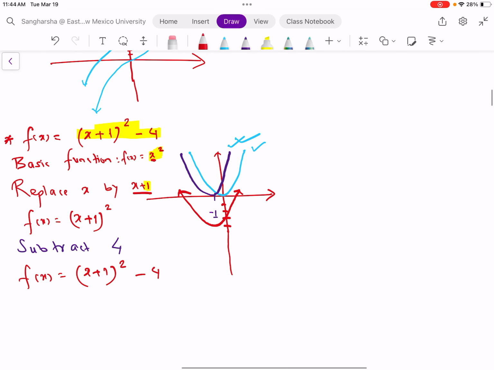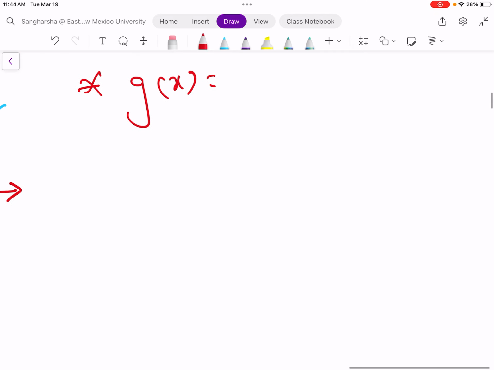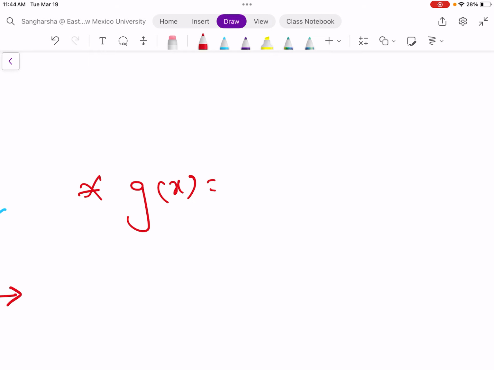So let me choose our function g(x) = (x − 3)³ + 5.